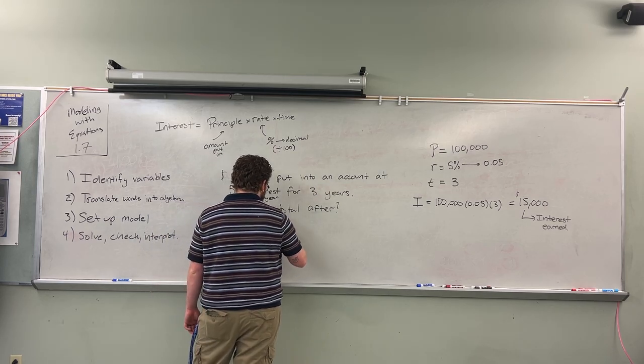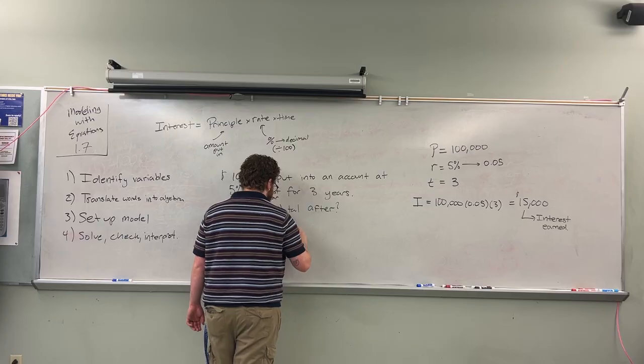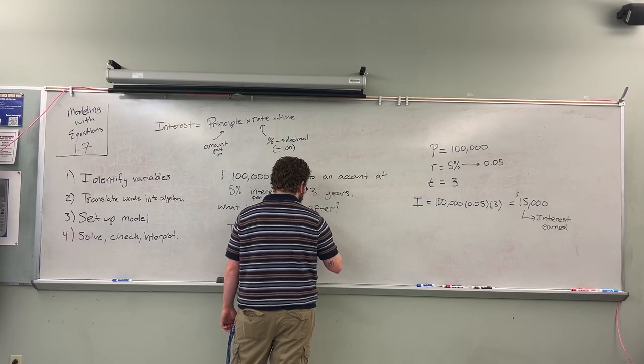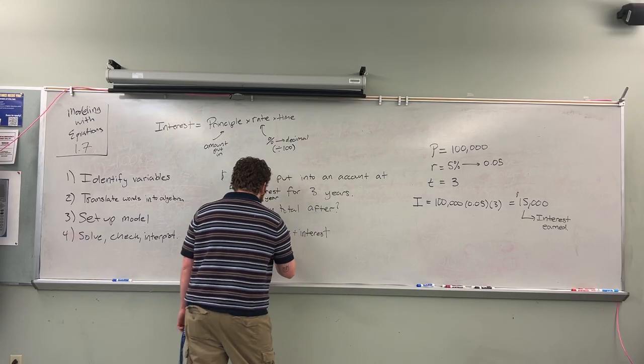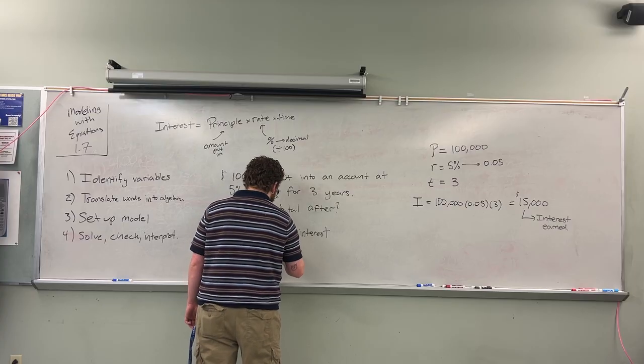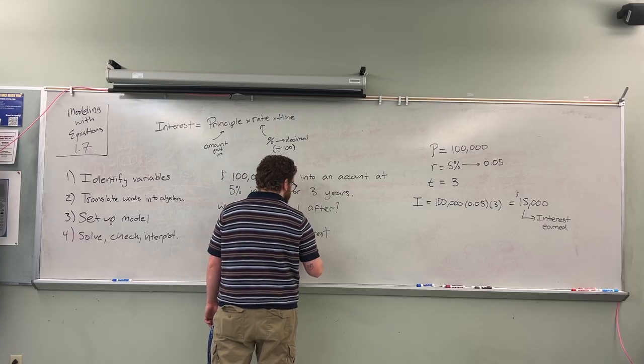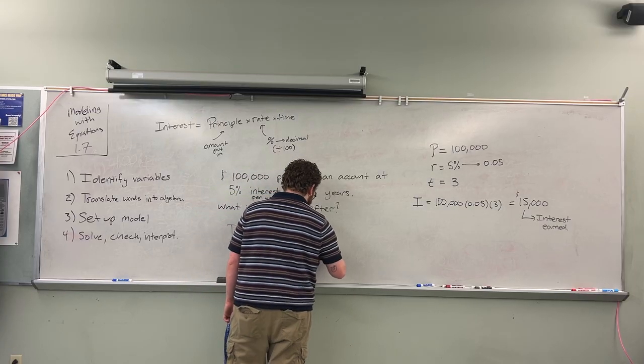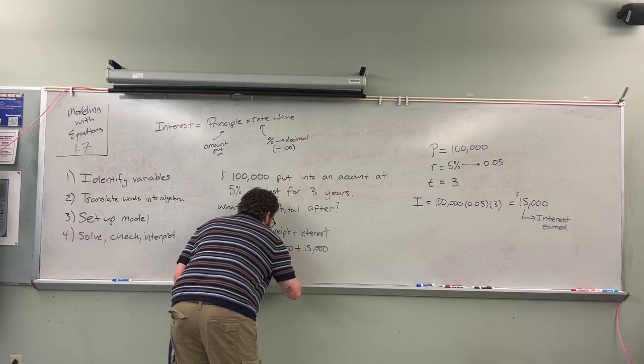equals the principal plus the interest, which here is 100,000 plus 15,000, which is 115,000.